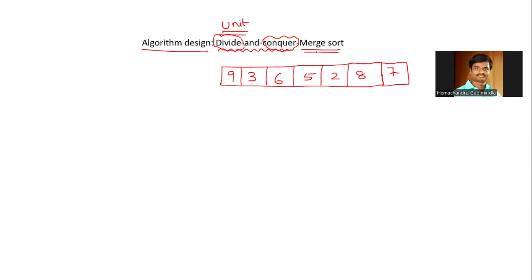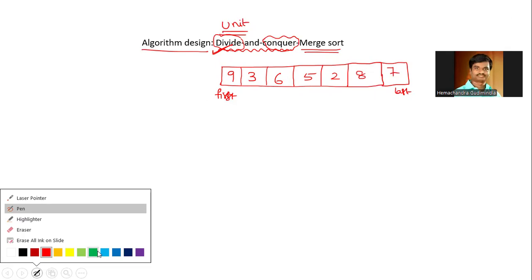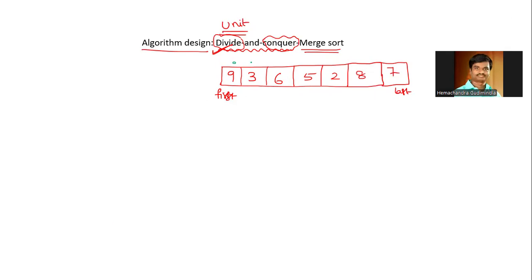Now if I want to perform the merge sort, the first step is to divide the array. How to divide that? Let us consider this is my first element and this is my last element. Indexing will start from 0, 1, 2, 3, 4, 5, 6.